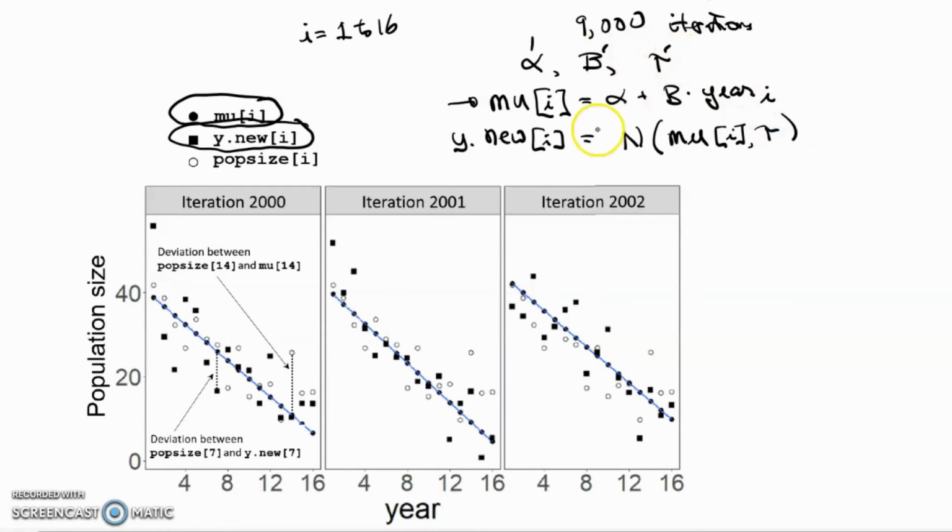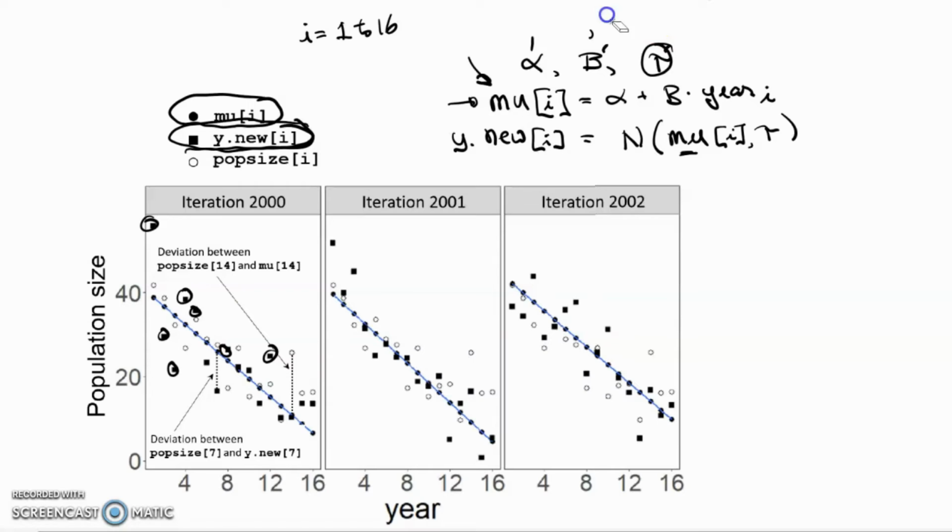So we've got mu i, which comes from here, and tau, which comes from there. And so we're going to get these values of y new i. There they are as these squares. And then, as I say, we're going to have these 9,000 iterations.